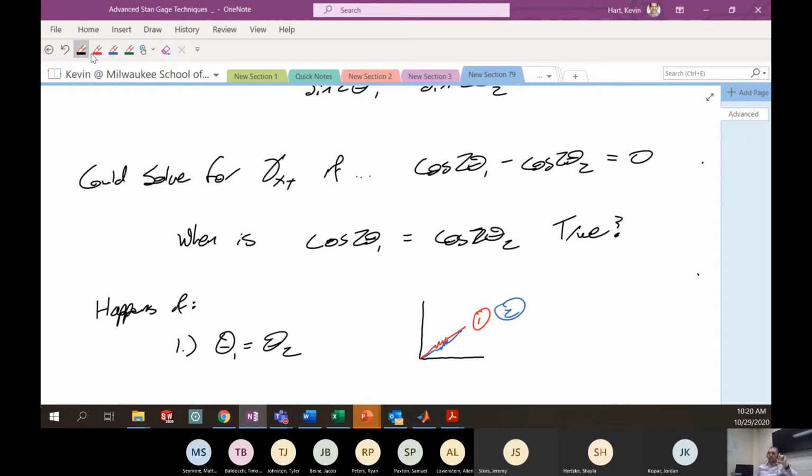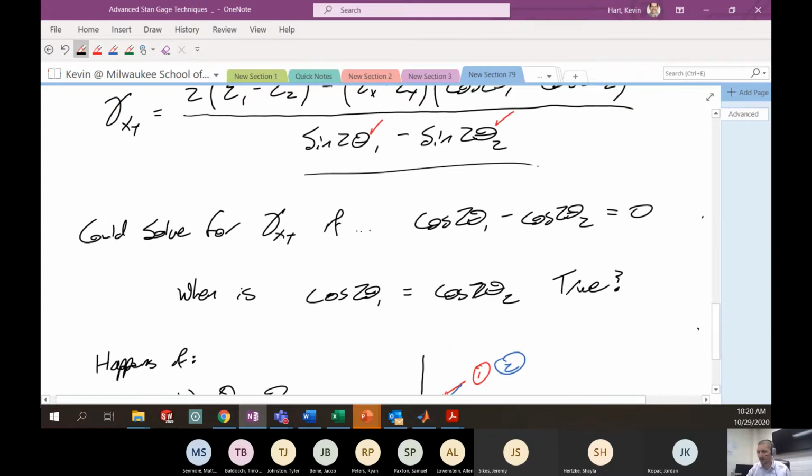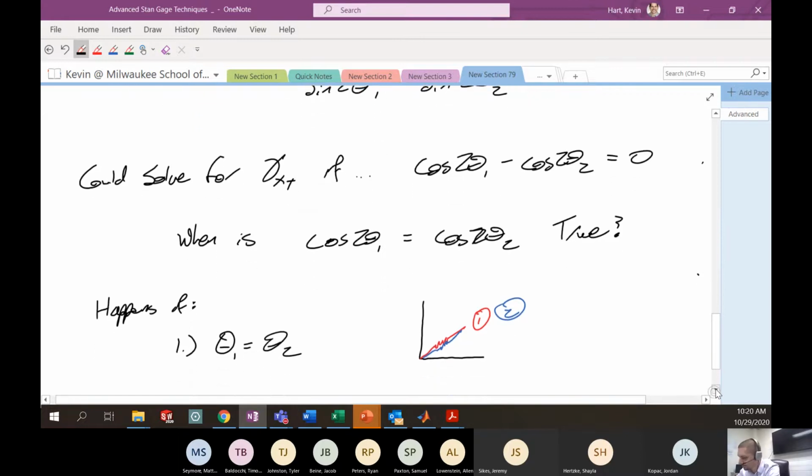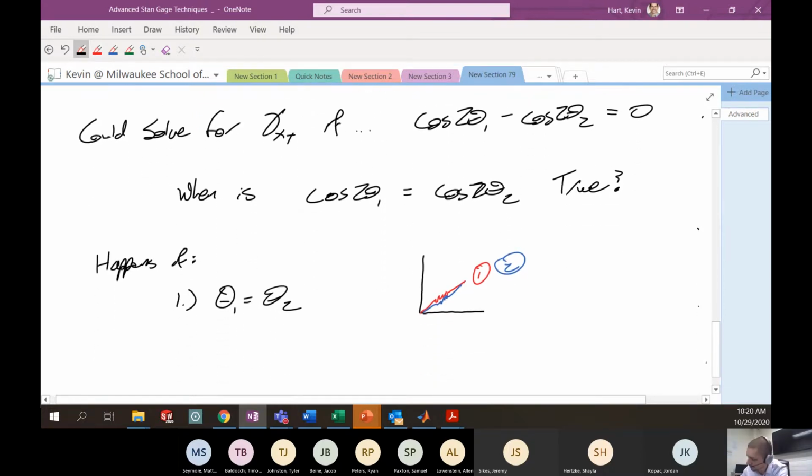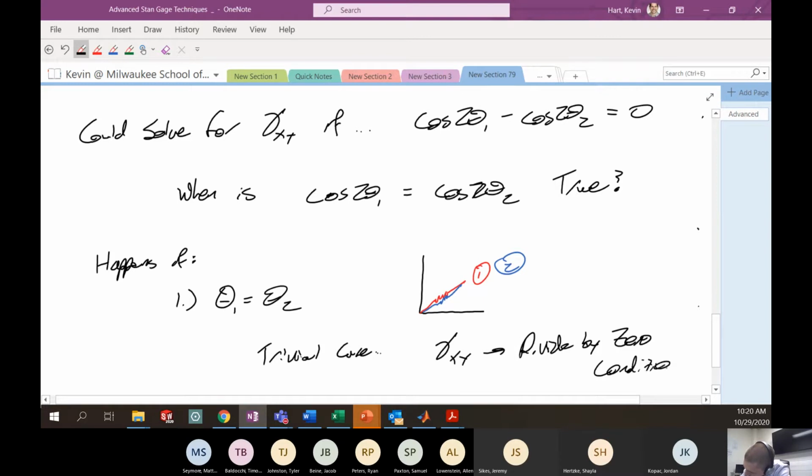This is not a useful situation because what's going to end up happening is you're also going to cancel your denominator and you're going to have a divide by 0 situation. So this is sort of a trivial case. Gamma xy will have a divide by 0, which obviously we're not going to be able to solve for gamma xy when we have this divide by 0 condition.